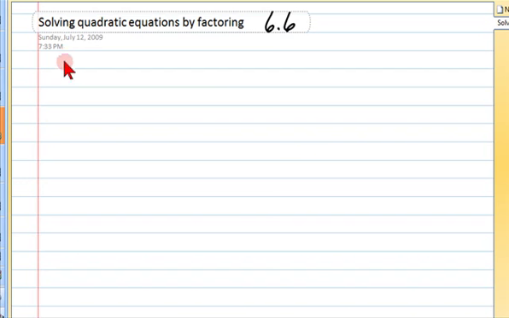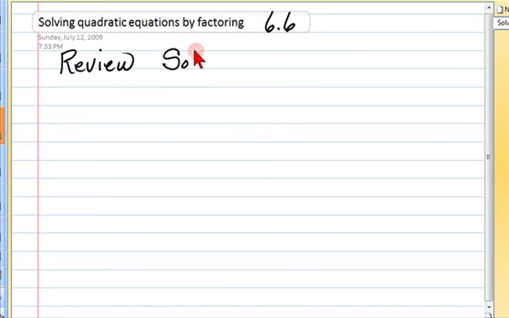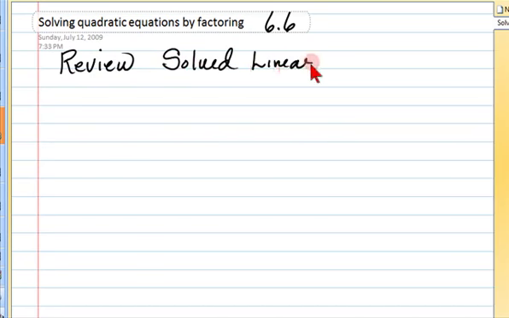All right, in the past, so here I go again with my little review time. In the past, you have solved linear equations. Now, an example of a linear equation, suppose you had 5x plus 7 is equal to 17. It's a linear equation.